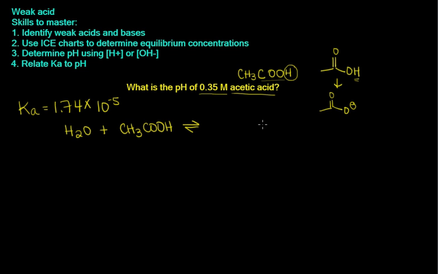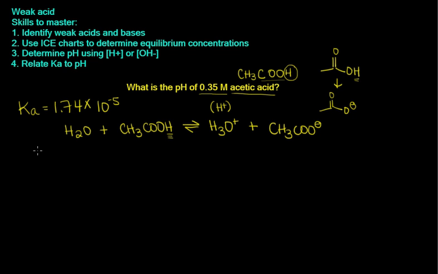The water is going to act as the base and pick up this acidic proton, so we end up with H3O+, which is the same thing as H+, if you think about it. Then we end up with our conjugate base, CH3COO-, because this proton has been lost. This was the acid, this is the base: conjugate base, conjugate acid.